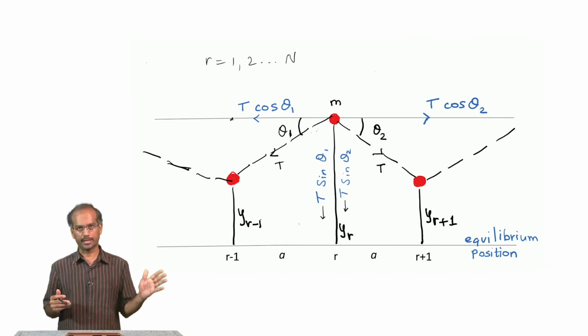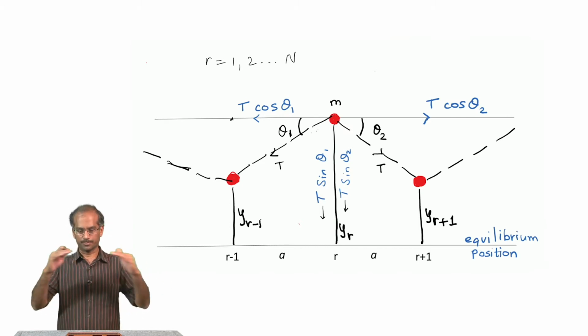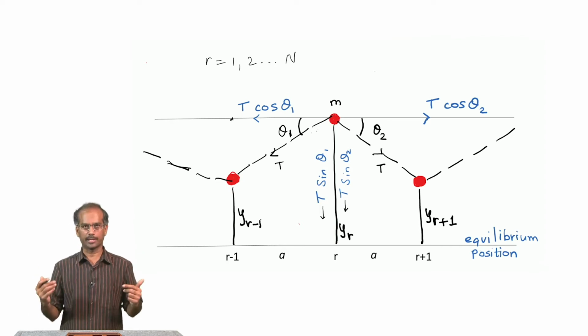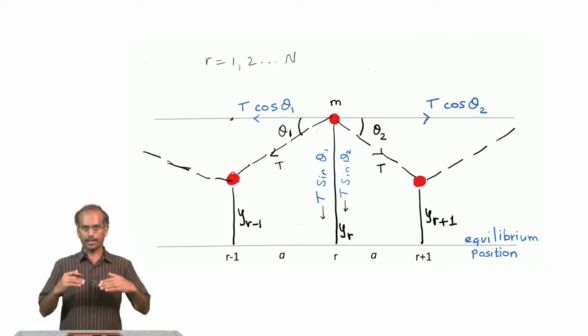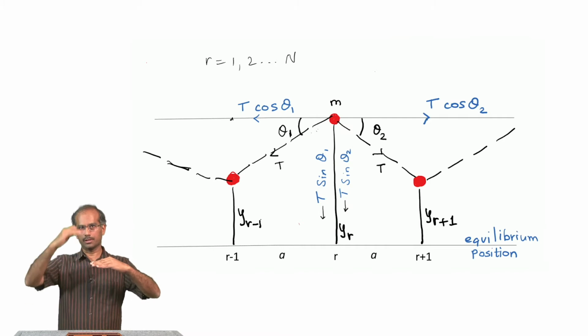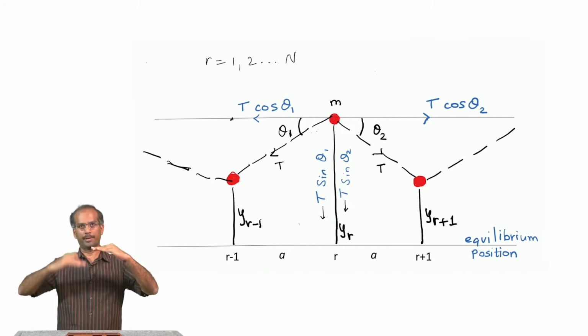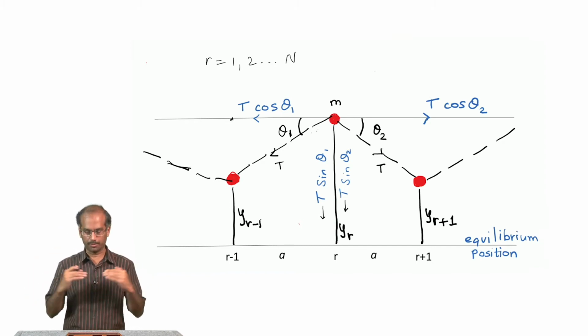One of them makes an angle theta 1 with respect to horizontal, and the other makes an angle theta 2, and I have an equilibrium position. All the oscillations are up and down, above and below this equilibrium position.